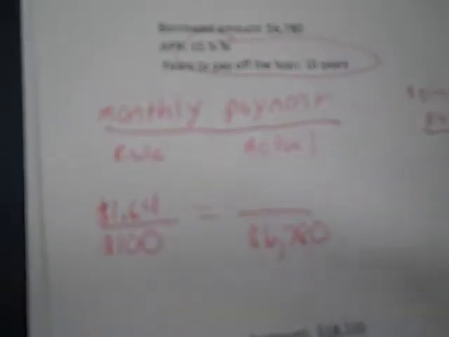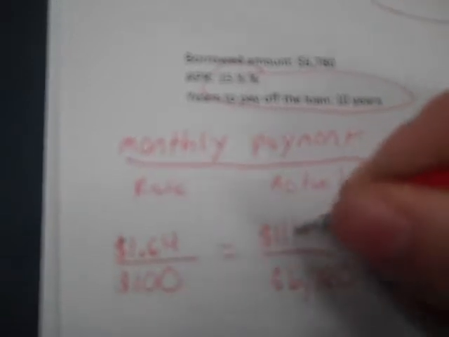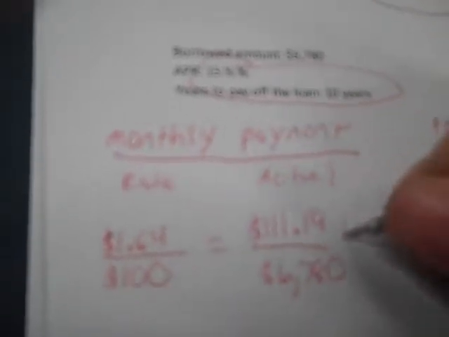And then we're putting $6,780. Okay, now cross multiply and divide. $1.64 times 6,780 divided by 100. That's $111.19. So when I'm paying this back, I pay $111.19 per month.